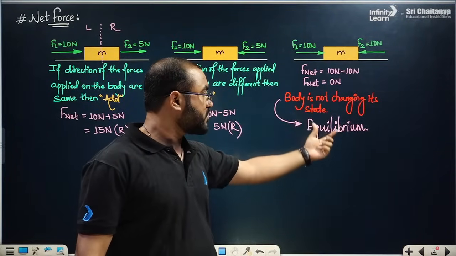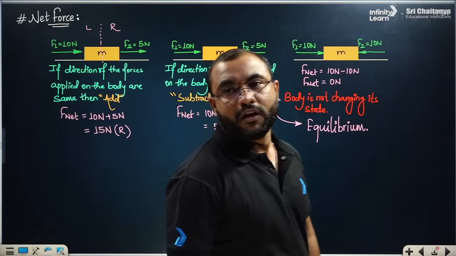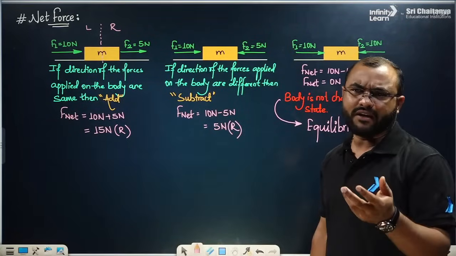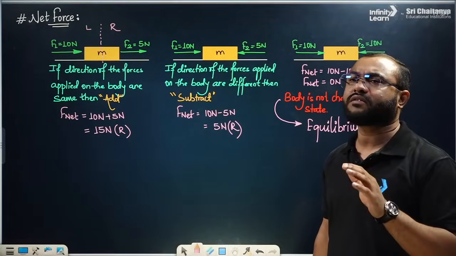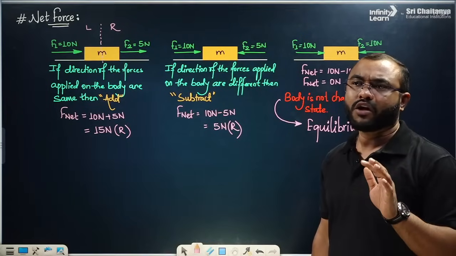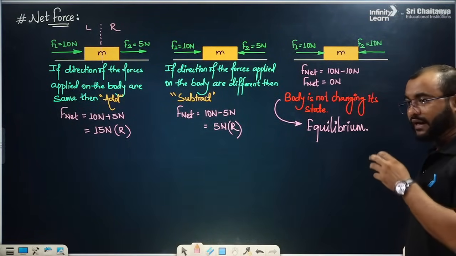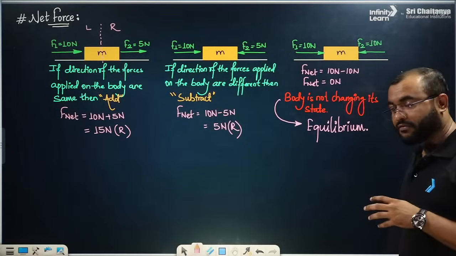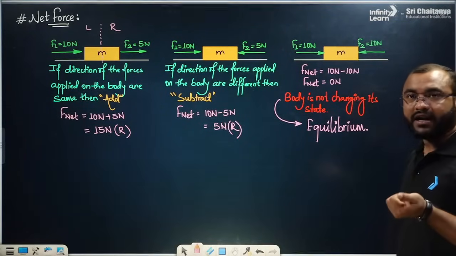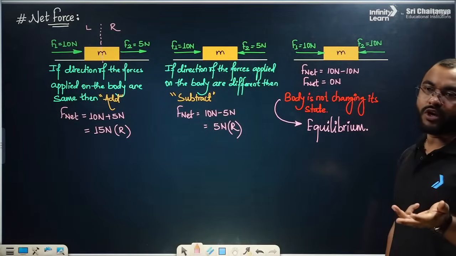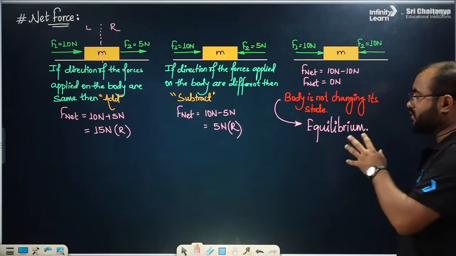This particular condition is known as equilibrium. There are a lot of equilibriums, everyone. You might have heard about balance equilibrium, stable equilibrium, unstable equilibrium, neutral equilibrium. In terms of grade 11 physics, we can say static equilibrium, dynamic equilibrium, or rotating equilibrium. Getting my point?